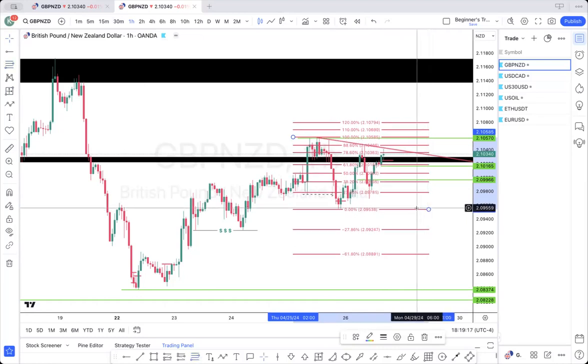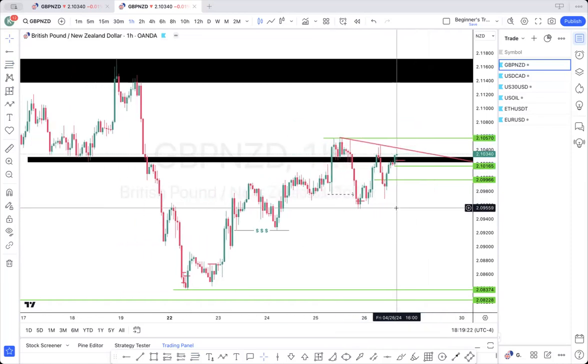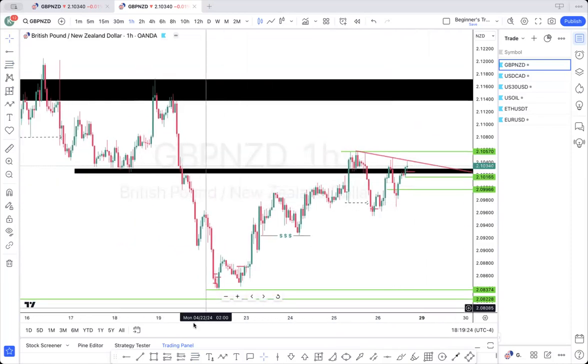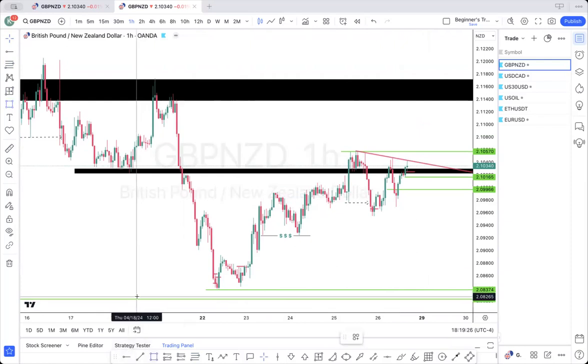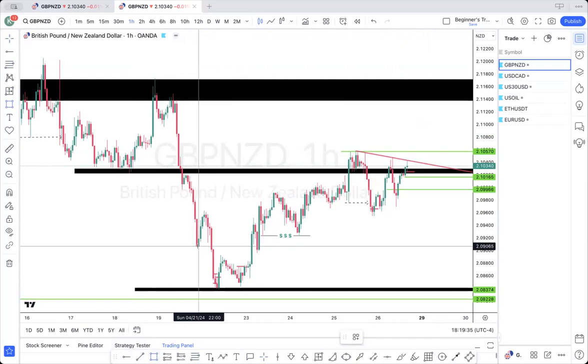Because if I'm trading from a 1-hour zone to a 1-hour zone. So this is a 1-hour zone. This is the 1-hour zone. This is a little minor 1-hour zone right here, because price came here, reacted, and then broke through.